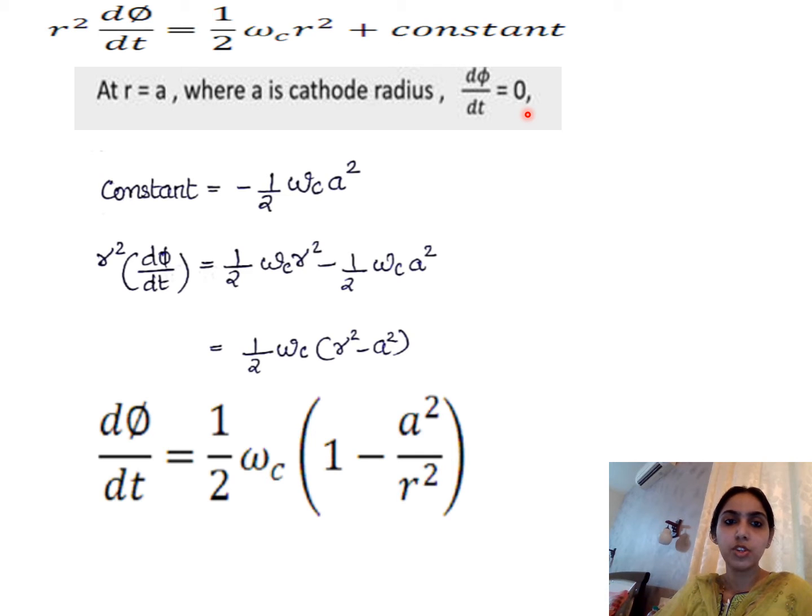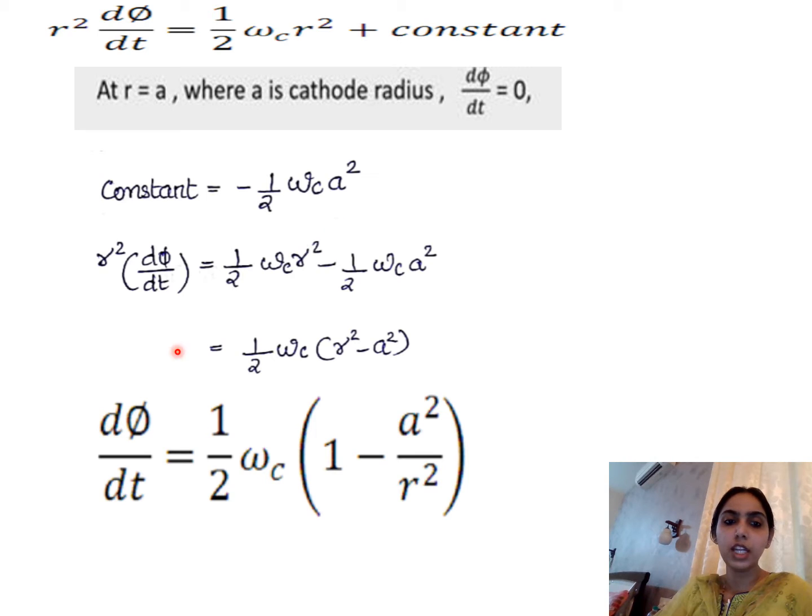Substituting in this expression for r equal to a, with d phi by dt equal to 0, we get the value of the constant as minus half omega c a square.